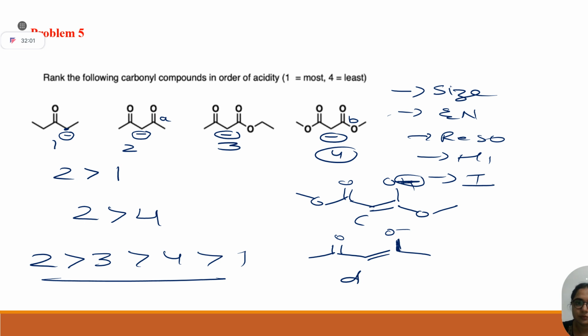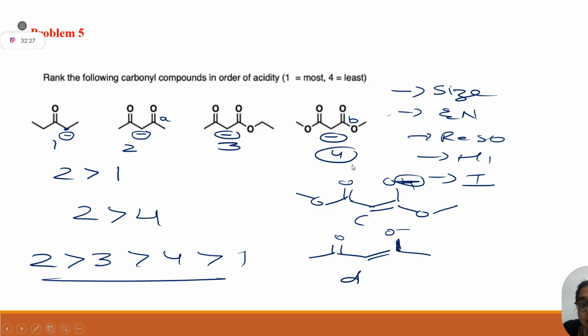Yes, ma'am, I did not understand. Okay, let me explain. See, one thing is clear that you have two conjugation in every case, right? This is clear? Yes. Now next, I'm asking among carbon A and carbon B, which is more electron deficient.